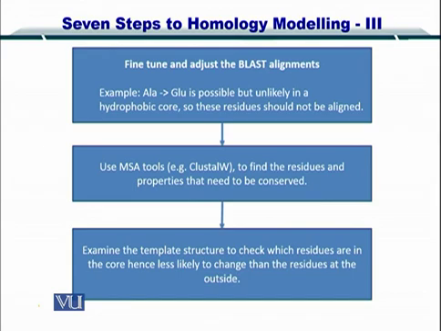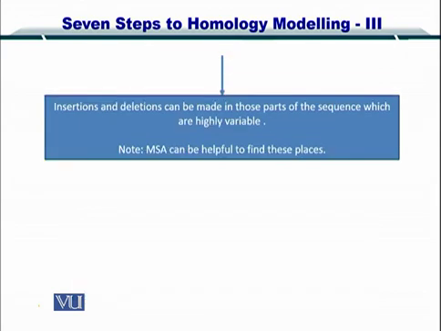Next, insertions and deletions, that is insertion of an amino acid within a sequence. So for instance, if you have an amino acid sequence like that, you need to have an insertion here in order to bridge this gap, or if you have an amino acid that is extra, then you can have a deletion here as well.